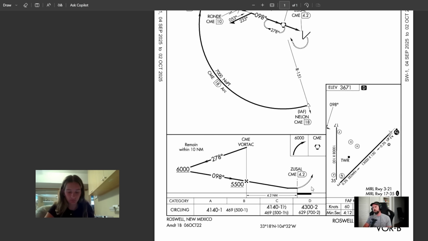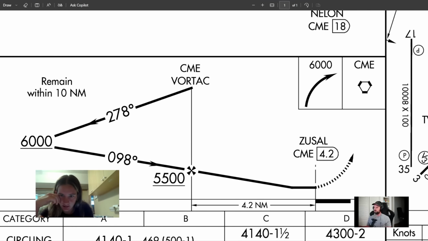When you're over the runway, or at this waypoint just to the left of your cursor. I don't know how you say that one. So the 4.2 DME. 4.2 DME. Awesome.